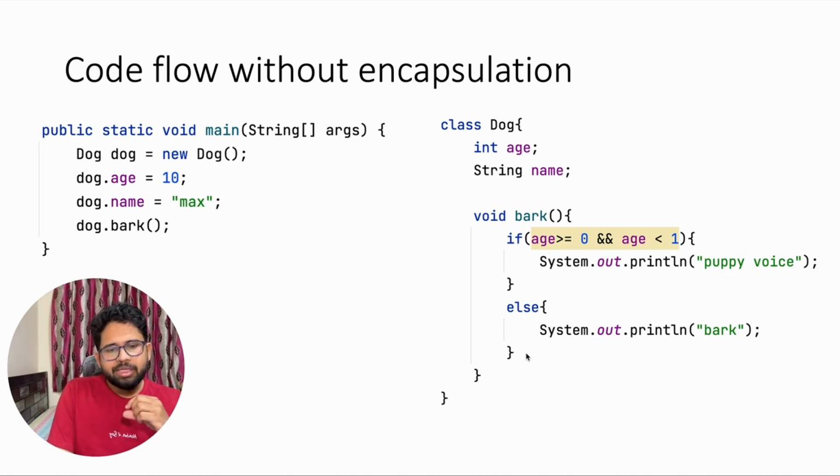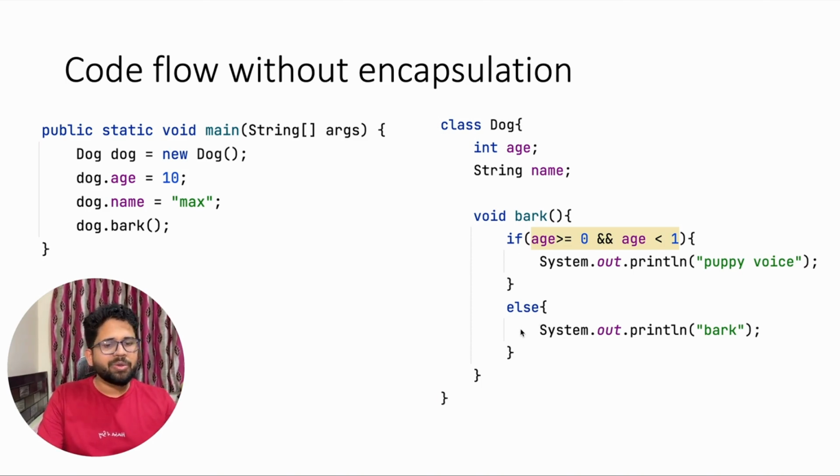So the thing is, wherever an error occurs, we reach out to that class or that developer first. In this case, since the error would have occurred in the dog class, many people would be complaining that the dog which is not supposed to bark is barking.